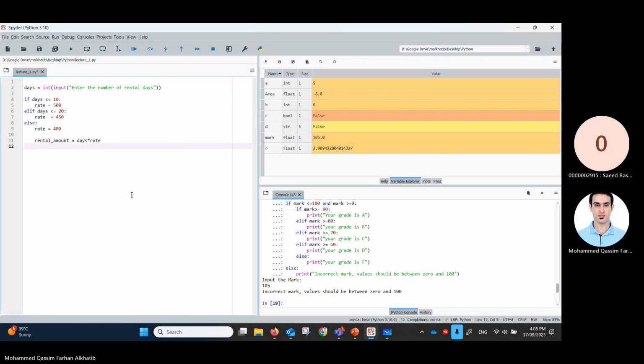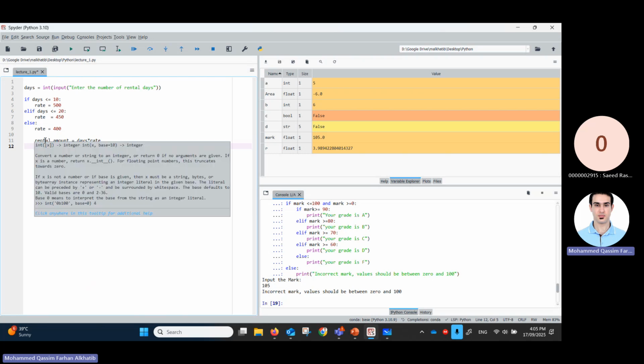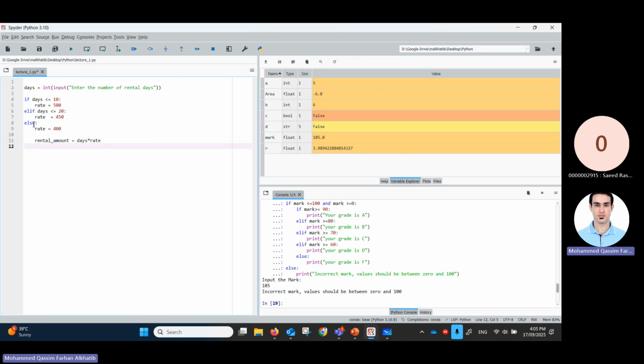However, this line belongs to this else, so it will only be executed if the number of days is larger than 20, because that's the last condition, else. But if I take it to the beginning of the line, I'm out of the if statement. So indentation tells you where your statement belongs.